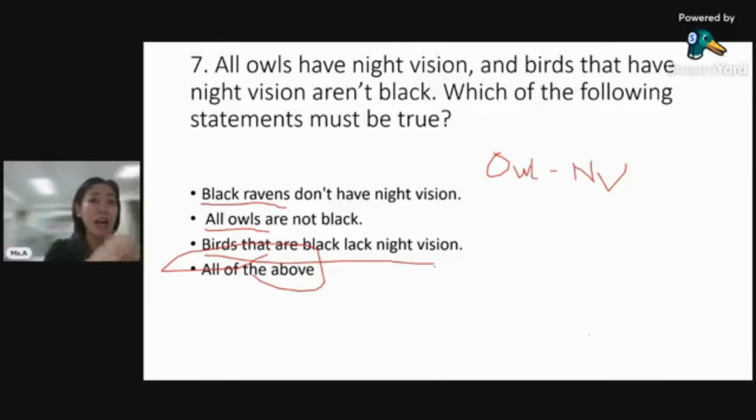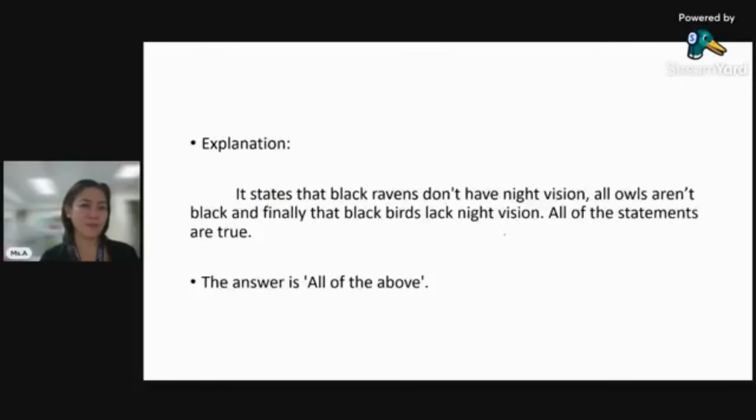So, since all owls have night vision, more likely lahat po ng owls hindi po black. So, tama na naman. So, birds that are black, lack night vision. The opposite one is, lahat po ng mga may night visions, hindi black. So, tama din po ito. Answer is, all of the above po.